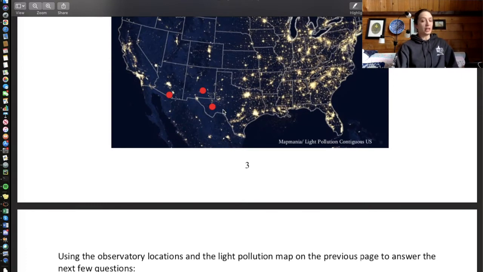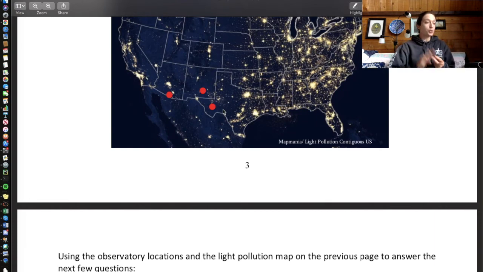Not only think about light pollution, but you can also think about weather, right? The only observatories that can observe no matter what the weather are space-based observatories, so you get above the weather, or radio observatories, because radio waves penetrate everything in the atmosphere. They just pass right through clouds.